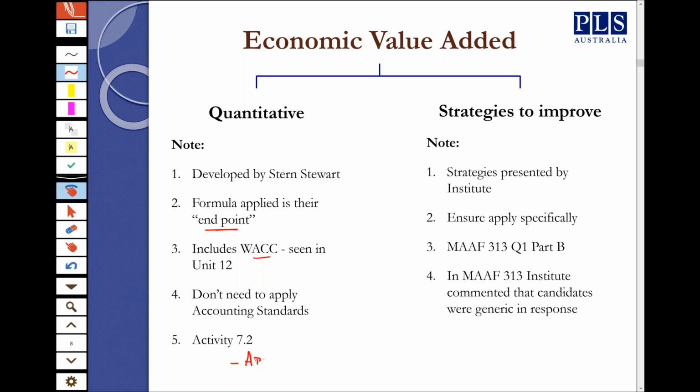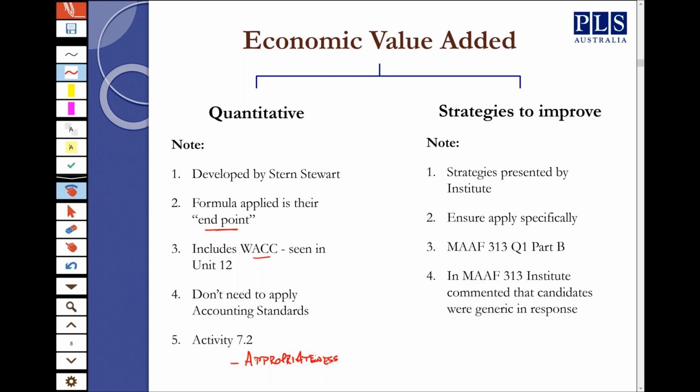But what I actually quite like is they look at it from the point of view of the appropriateness of the measure. So you working your way through and identifying whether EVA is an appropriate measure as a first step.